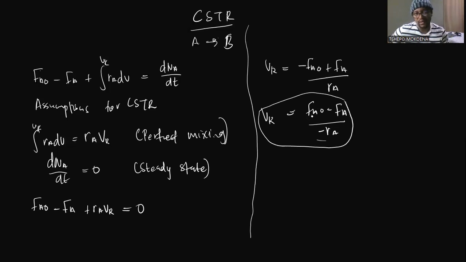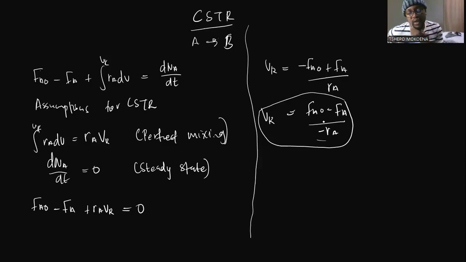But like I said for the batch reactor, this will be the design equation, depending on how you're supposed to derive your equation. But say maybe you are given the concentration, you are also given the k.